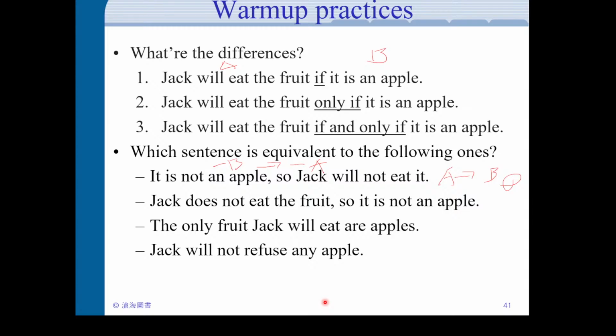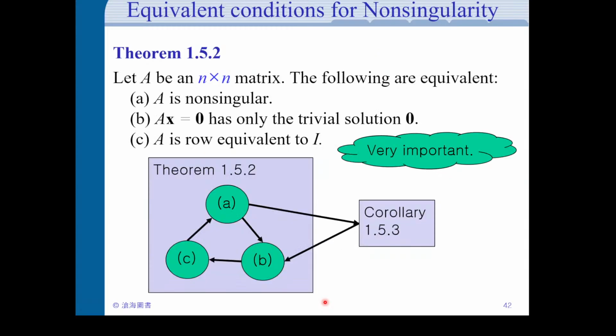Let's go to the first bit of complicated theorem. It's a theorem whose result you should remember. There are 3 equivalent conditions for being non-singular. I think the theorem itself is a bit intuitive, but the derivation will use a whole bunch of logic.